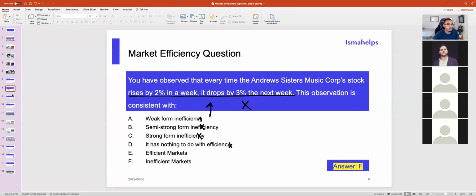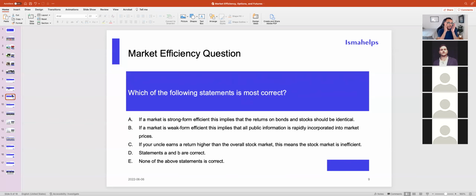Okay, so let's move on to the next. So this one's cool. Which of the following statements is most correct? A, if a market is strong form efficient, this implies that the returns on bonds and stocks should be identical.